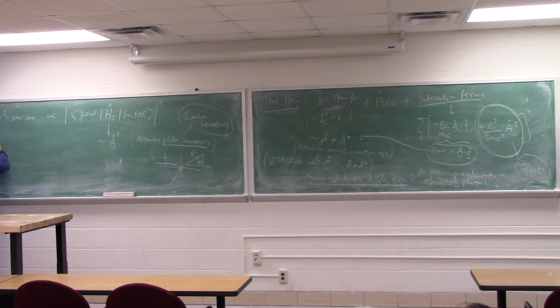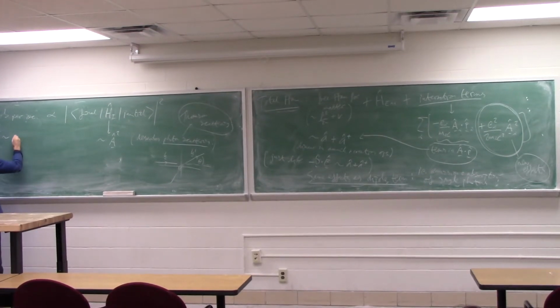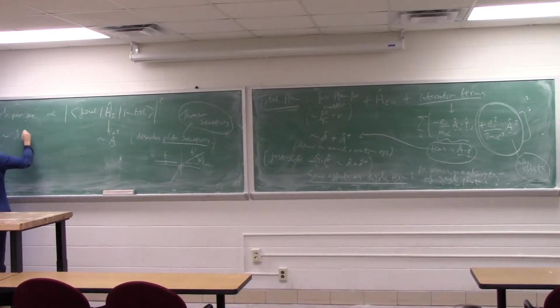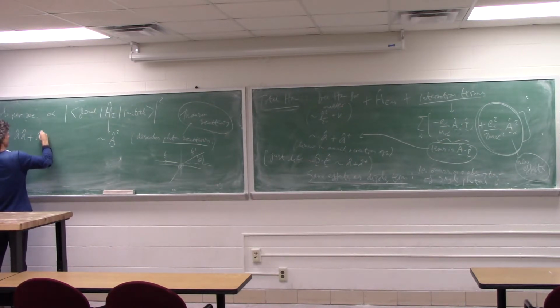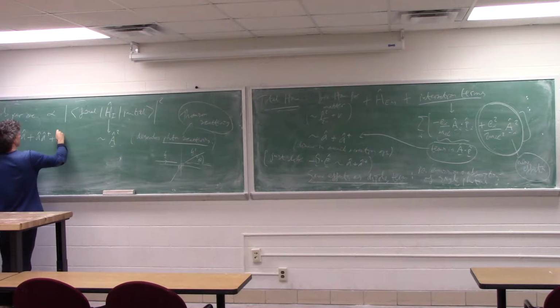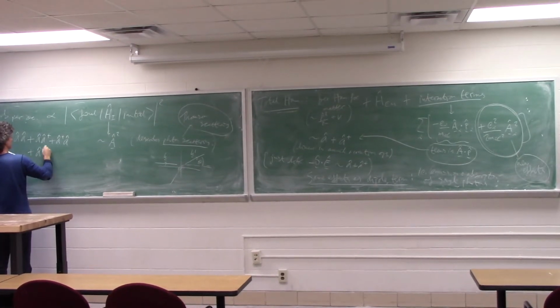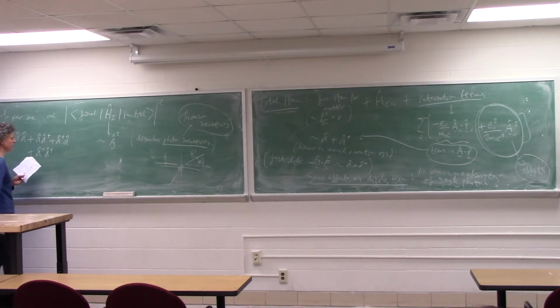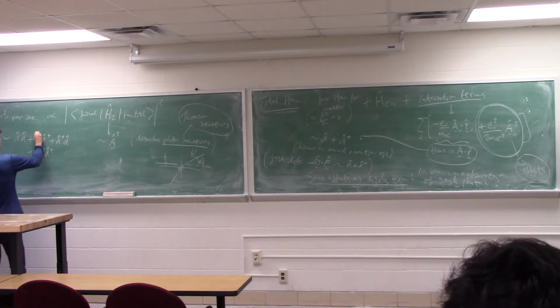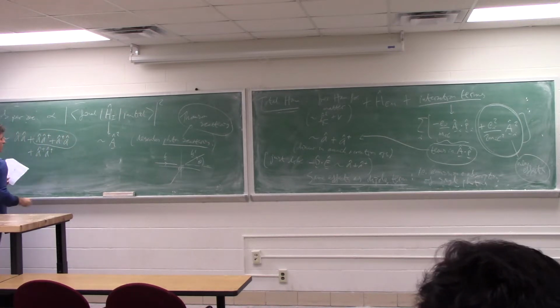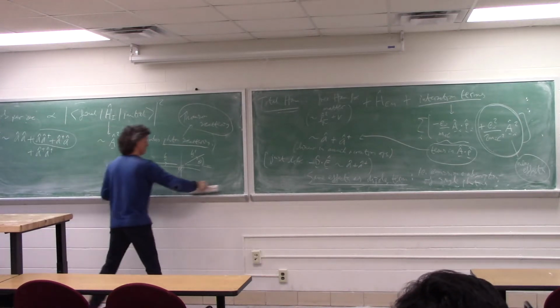So A hat squared has terms of the form A hat plus A hat dagger plus A hat dagger A hat plus A hat dagger. Now, these terms are particularly interesting.